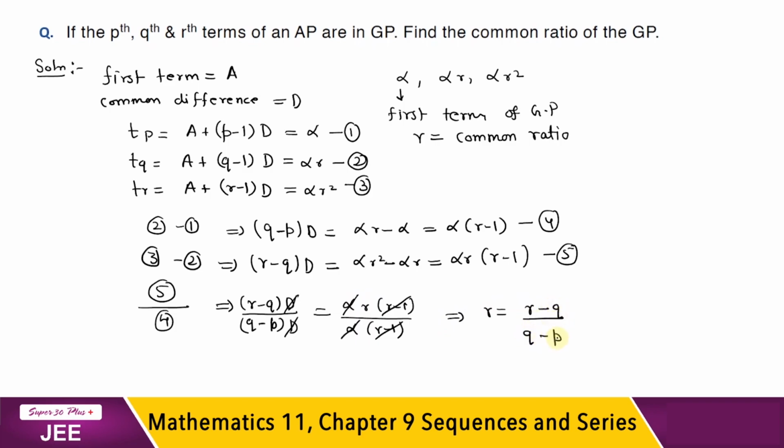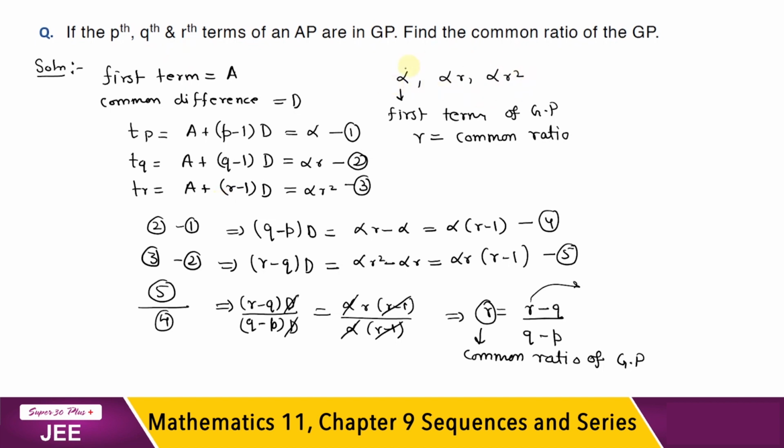And please make a note that this r over here represents the common ratio of the GP, while this r over here represents the r that was mentioned in the question as the rth term. So please don't get confused with these two r's.